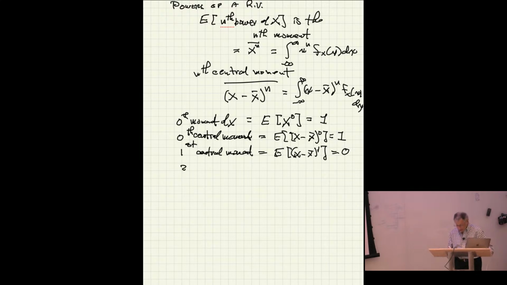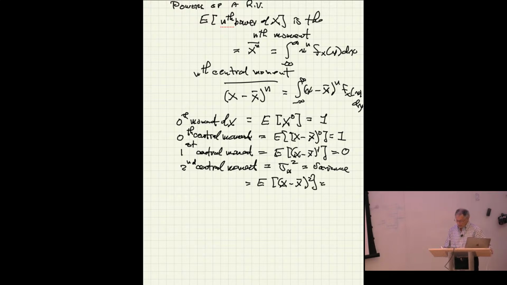The second central moment is defined as the variance. It's got a name. And let's see what that is. That's the expected value of x minus x bar quantity squared, and let's write out what that is.